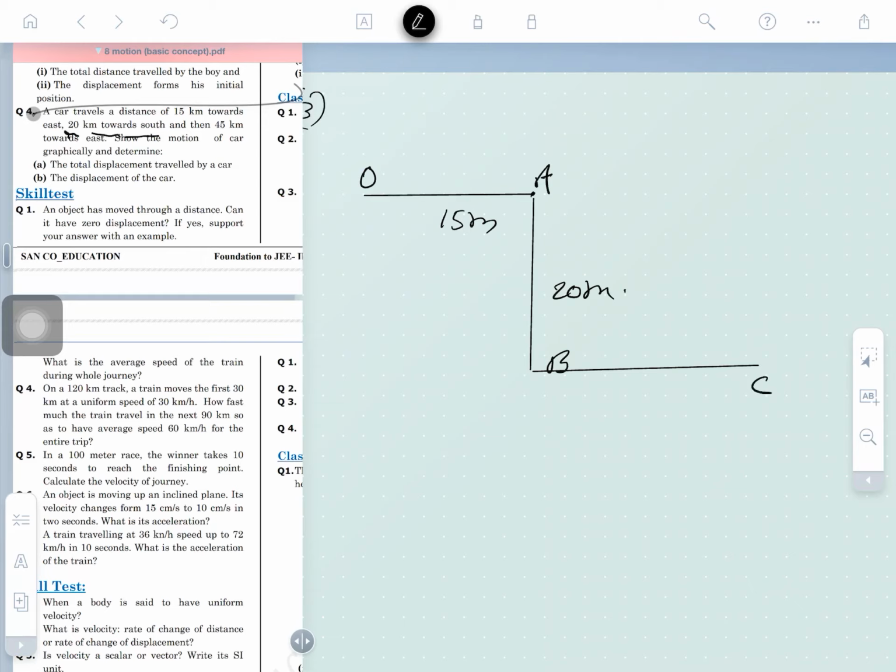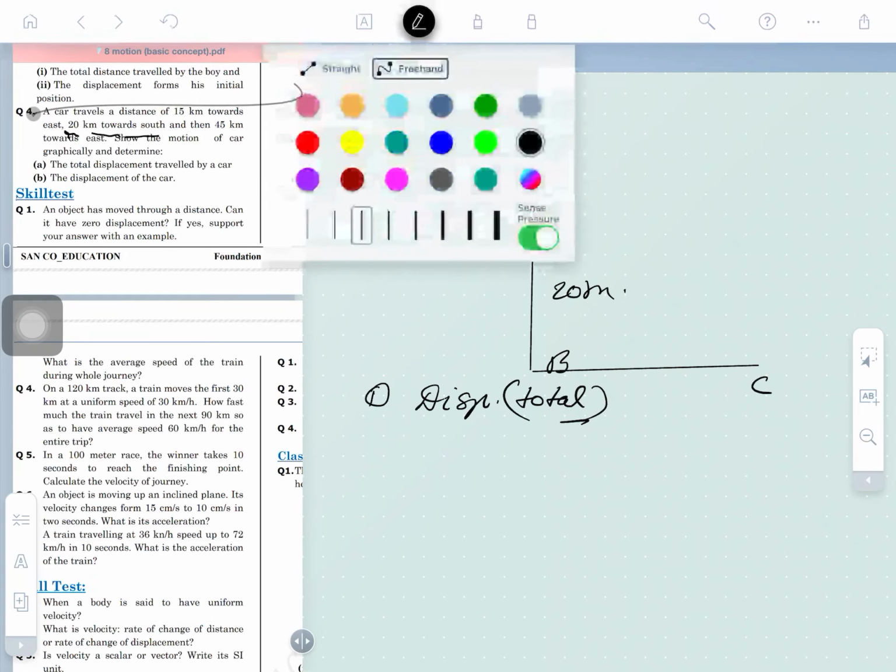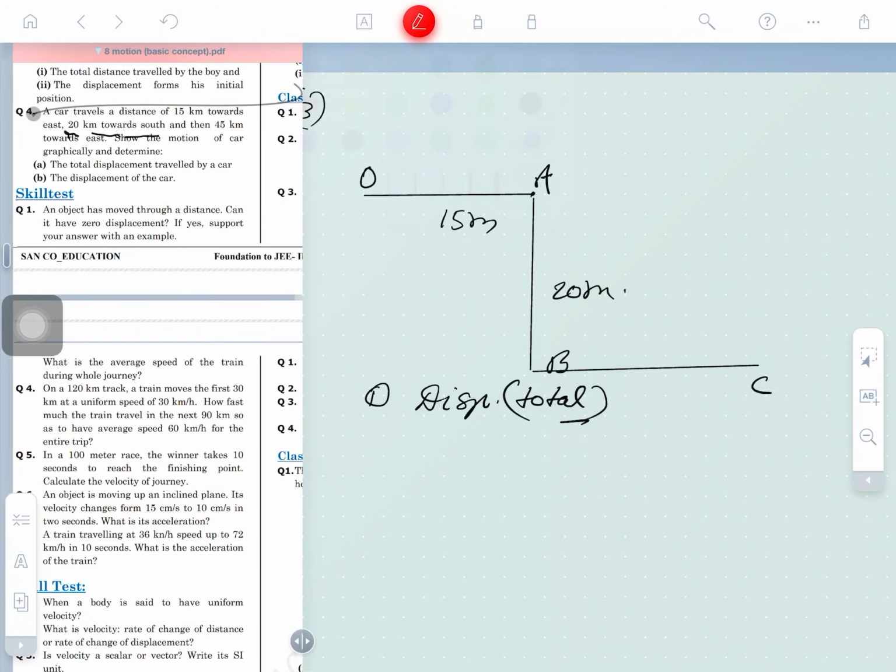So what is to be found out here? The total displacement travelled. What is the definition of displacement? Yes, directly join the line from initial to final position. Where is the initial position?